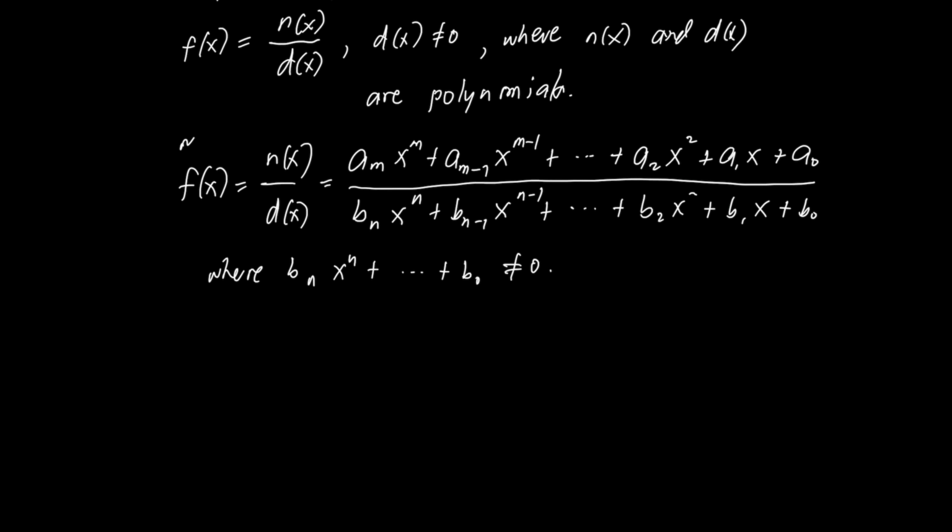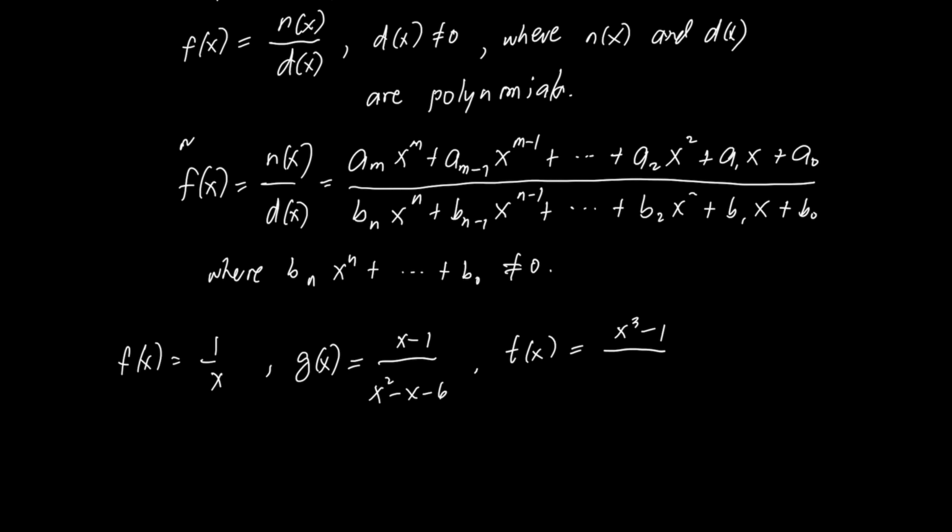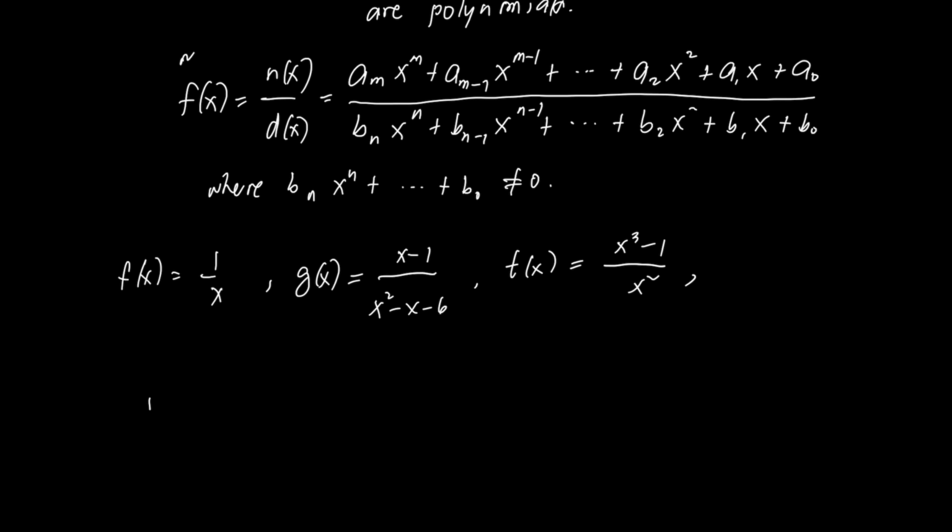So examples of rational functions are: 1 over x is a rational function, g of x equals x minus 1 over x squared minus x minus 6 is also a rational function. d of x is equal to x cubed minus 1 over x squared is also a rational function. r of x is equal to 2x minus 3.